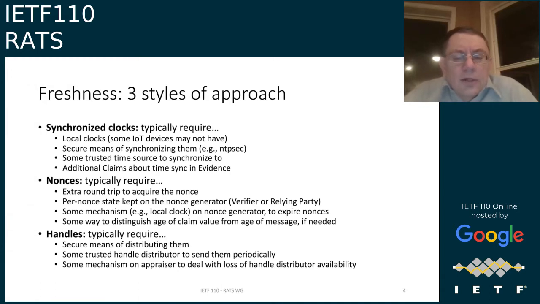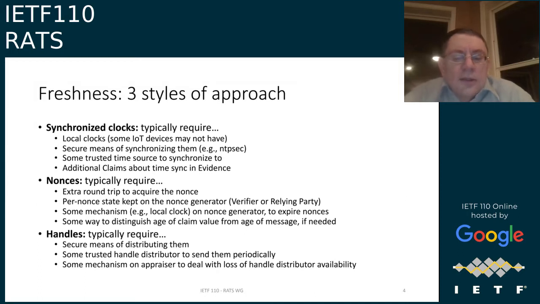And the harder part is it can't be replayed, okay? So you might have to have a mechanism that distributes them that takes care of replay protection. But the one thing that you can't easily defend against unless you start adding additional things like local clocks is how do you deal with delay attacks?